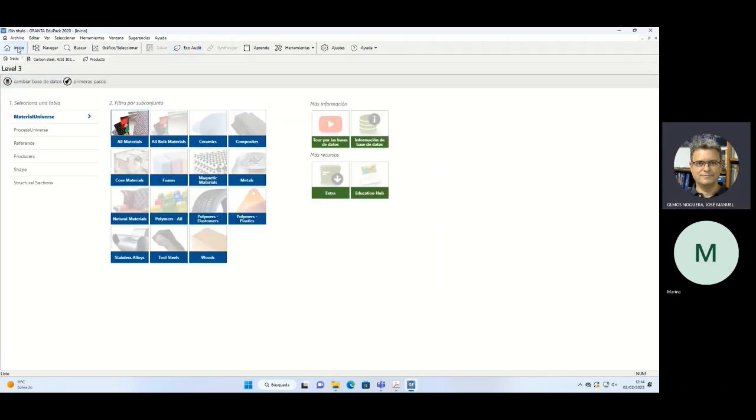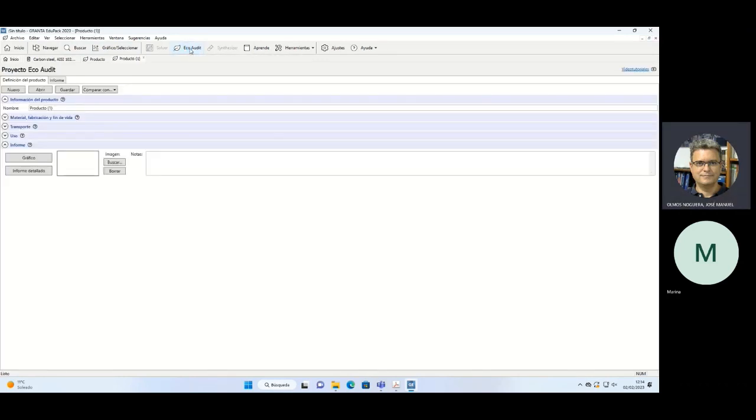If you are here, you can go to Eco Audit. Well, this is half Spanish, half English. I'm sorry for that. Now it looks only Spanish, but it's also English. You will see later.